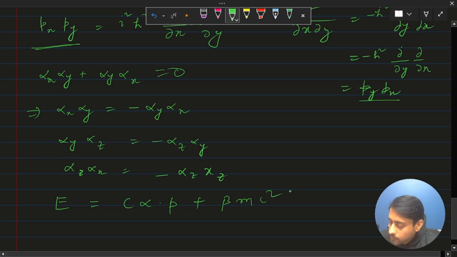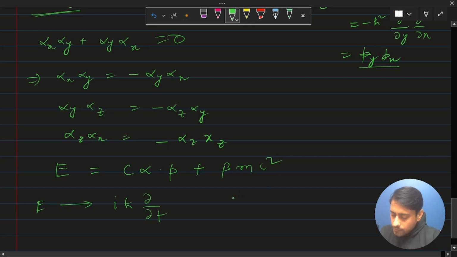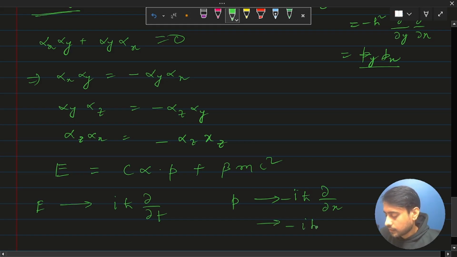Now it's time to follow the same recipe of replacing the energy expression by i h bar del over del t, and p by minus i h bar del over del x in one dimension, but in three dimensions we should write minus i h bar del.